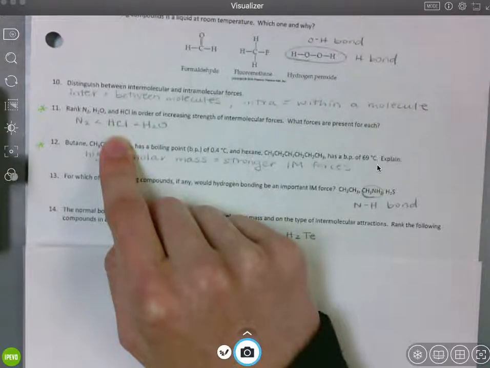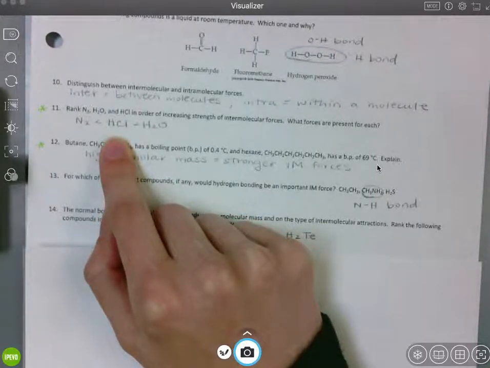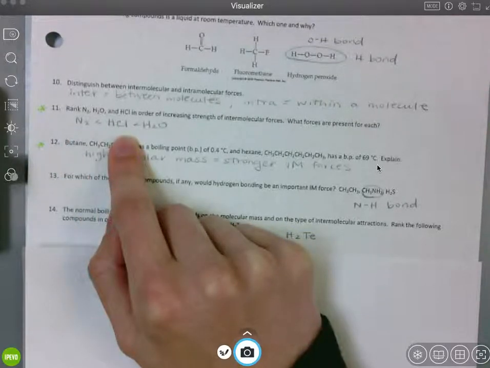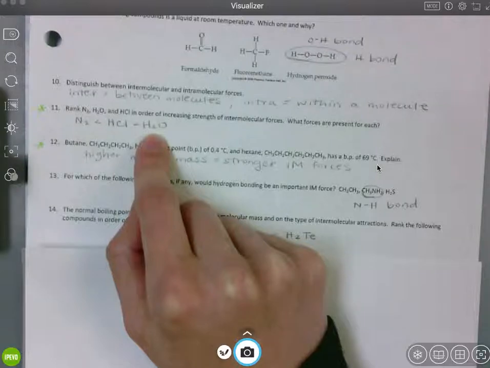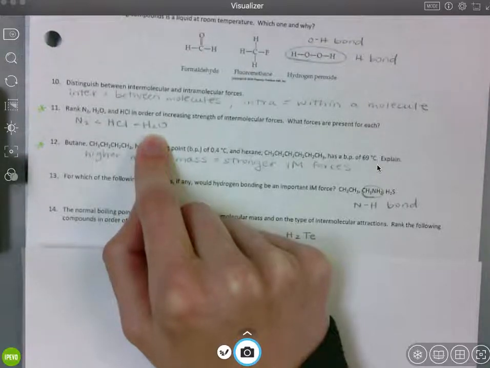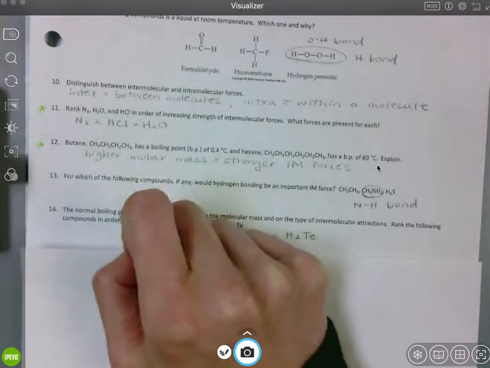It's not nitrogen, oxygen, or fluorine, so that's just dipole-dipole. It's still stronger than London forces, but not as strong as the intermolecular forces between water molecules, because with water we have a hydrogen-oxygen bond, which gives it hydrogen bonding capabilities. So water is our strongest.